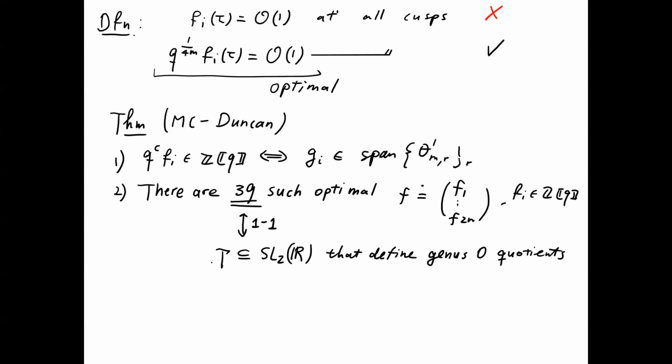And this gamma is specified or determined by the symmetries of the function you get, in a particular way that I won't get into. So that's very nice, that we get a finite set of optimal functions. And there are a few properties.